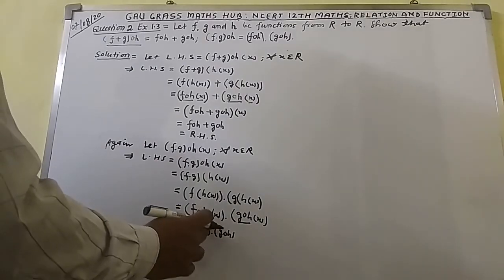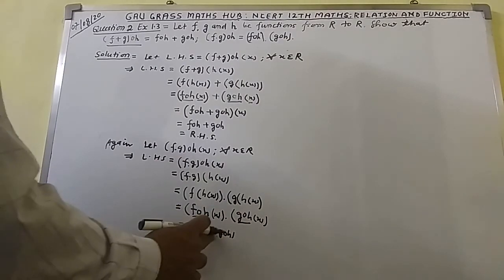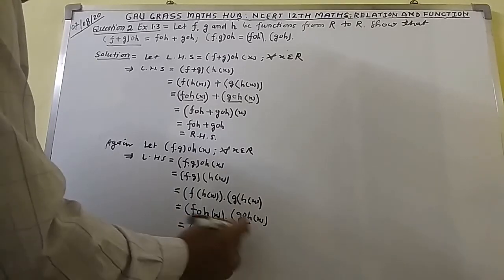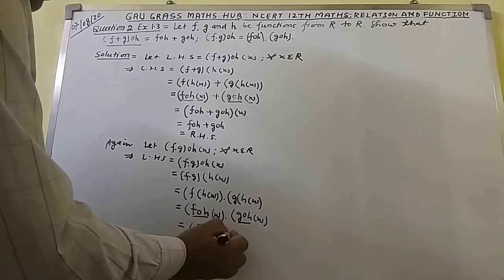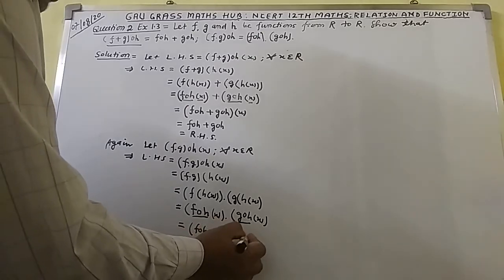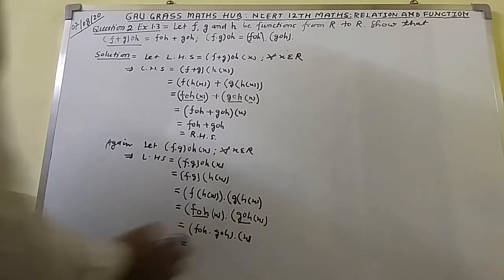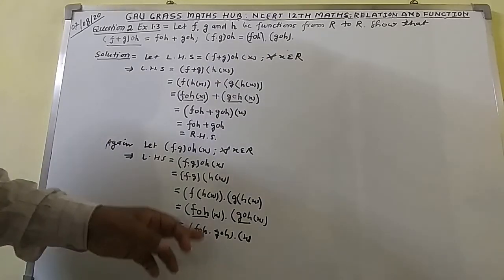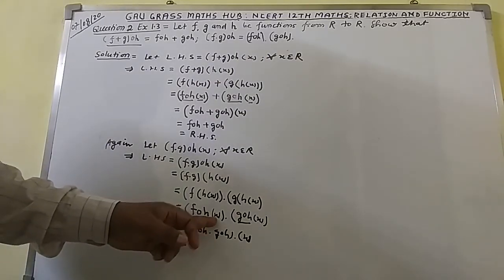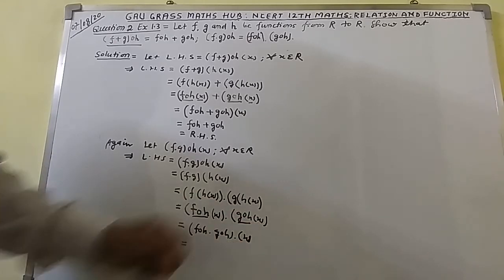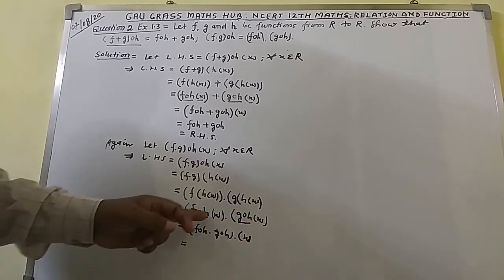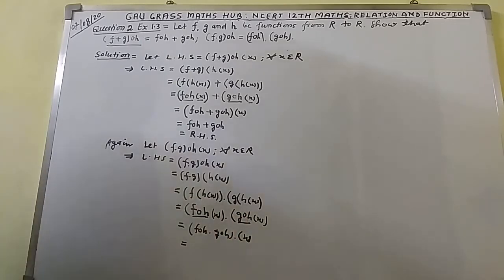You can write it like this way: dot g o h, and take x as common. The small x is written at one place, and f o h and g o h will multiply together.